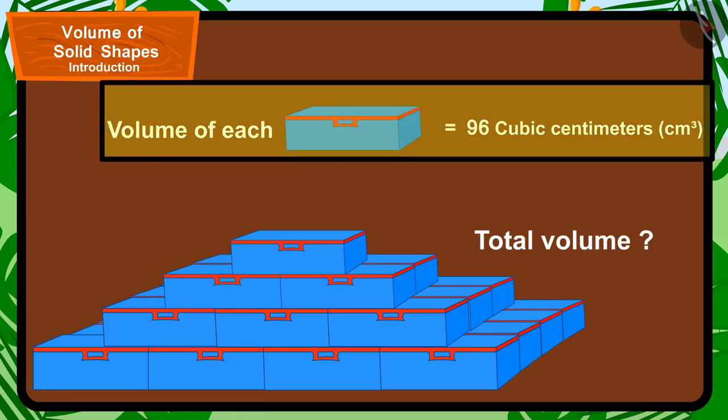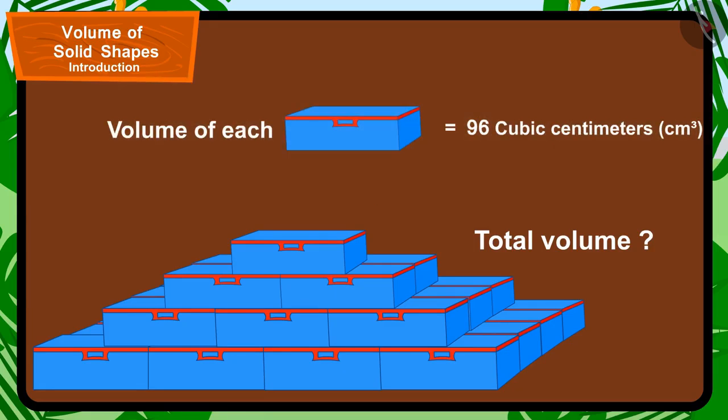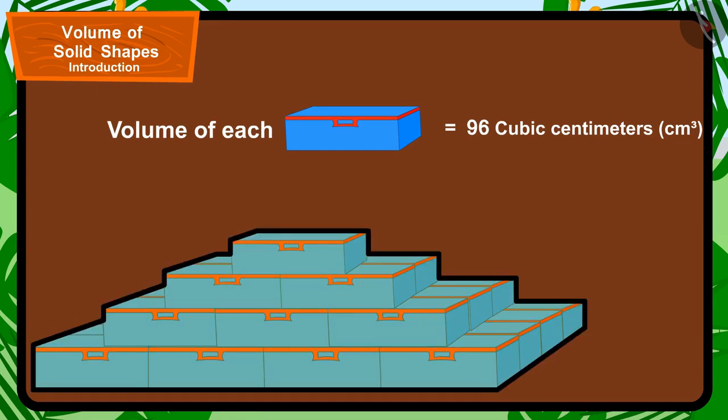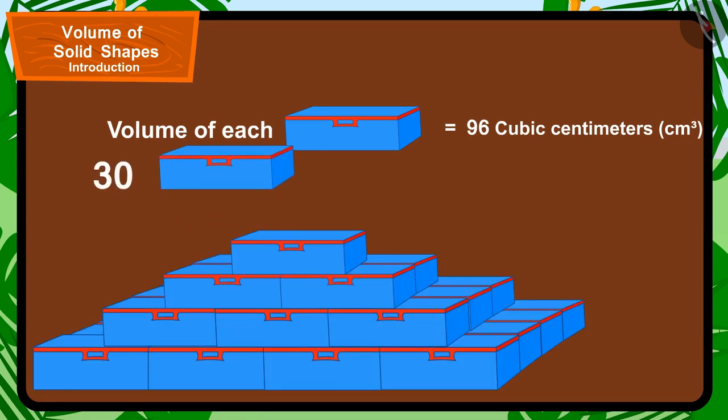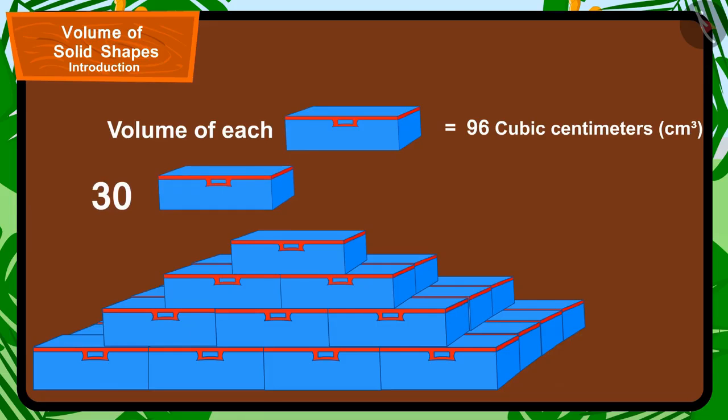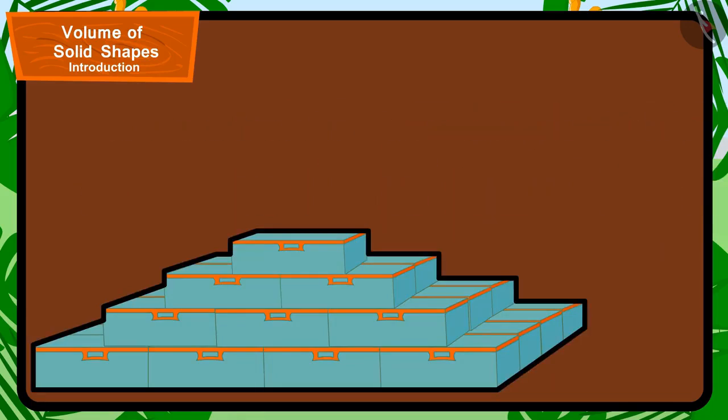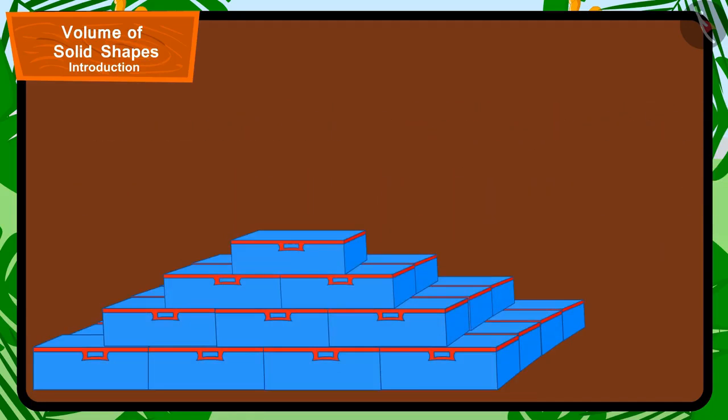The volume of a compass box is equal to 96 centimeters cube, and Babban has used a total of 30 compass boxes in this shape. To find the volume of the total number of compass boxes being used in the shape created by Babban, we will have to multiply the volume of one compass box by the number of total compass boxes.